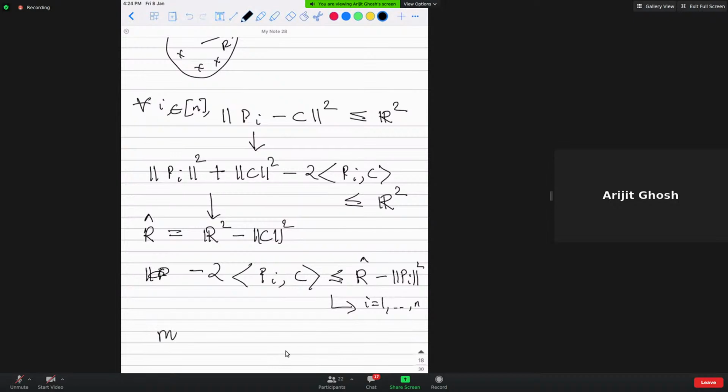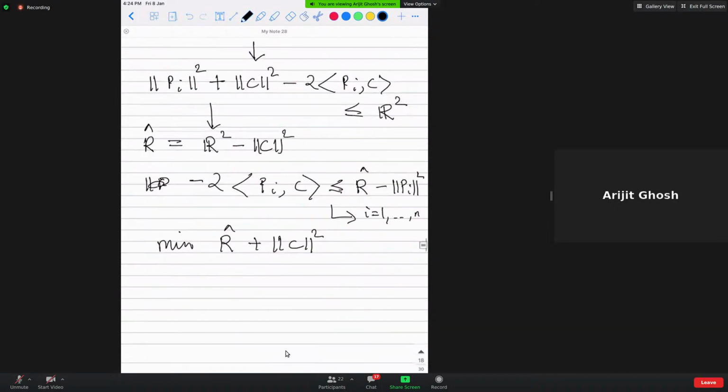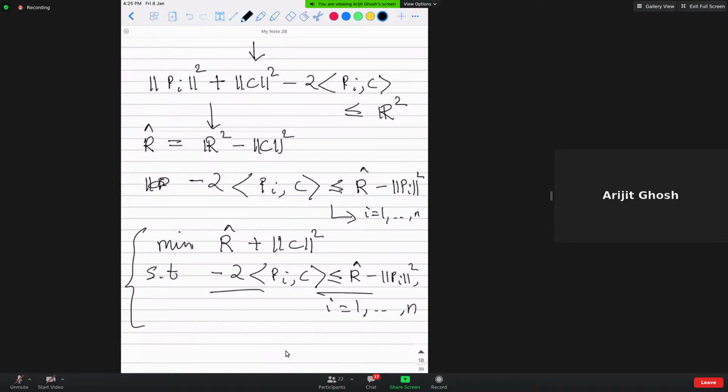And I want to minimize what? Minimize the value of R hat plus ||c||^2, subject to the condition that minus 2 p_i·c is less than or equal to R hat minus ||p_i||^2 for all i from 1 to n. So this is a convex program. The constraints are linear constraints, and this is a convex function.